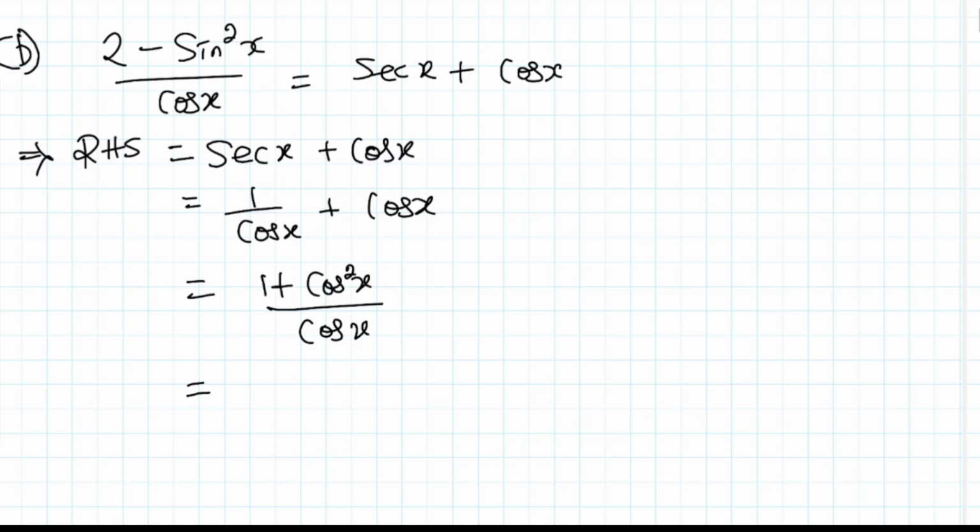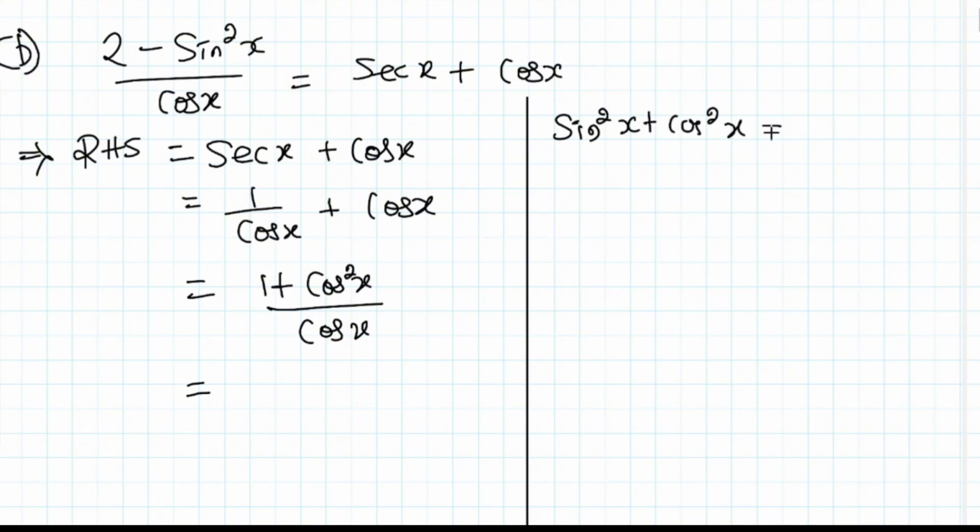So what does this mean? So let's try something out, okay? From our Pythagoras, note sine square x plus cos square x equals 1, right? So cos square x equals 1 minus sine square x.